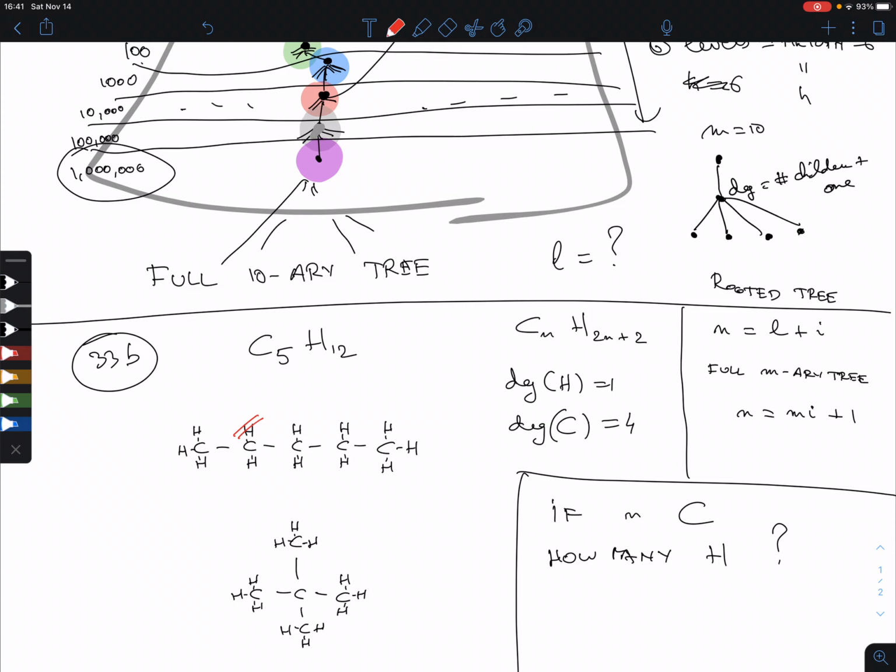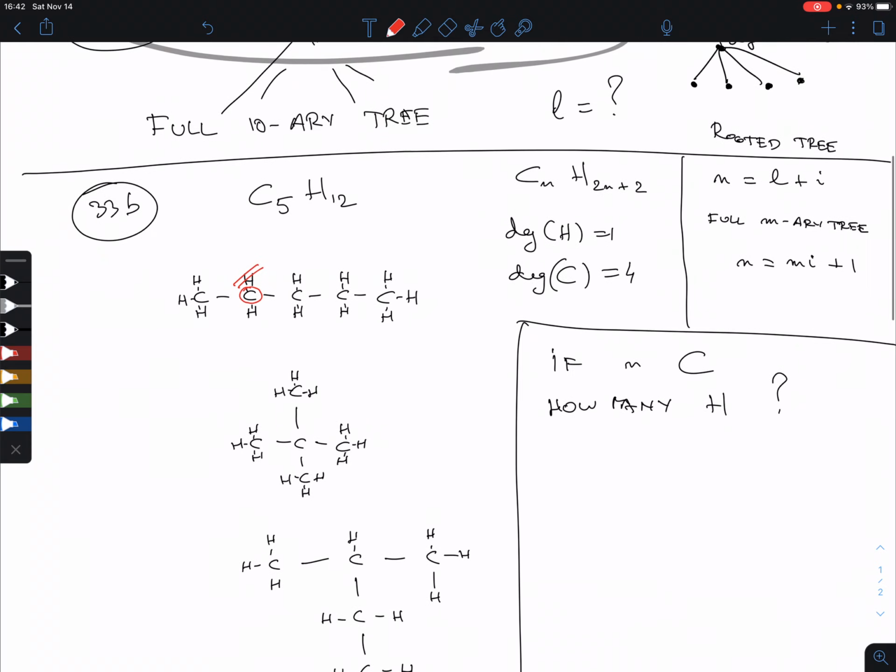Remember, I'm now building a tree with one less hydrogen. We have to keep that in mind at the end. And now I claim if I make this the root, I get a full ternary tree. I can do this whichever C I choose, as long as it has at least one hydrogen, and there must always be many. The root C has 3 children, because I removed one of its children.